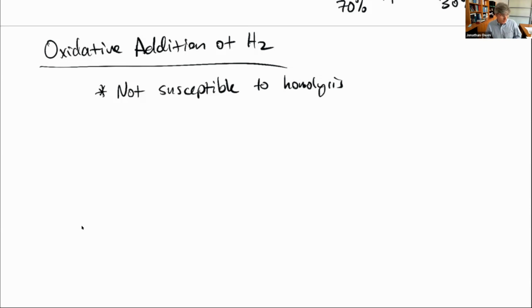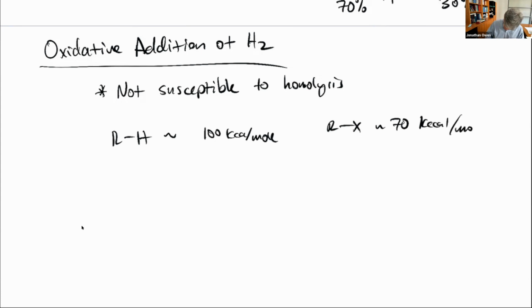Okay, so you don't have to worry so much exactly about what the mechanism is. So in general, CH bonds are approximately 100 kcals per mole. C-X bonds are approximately 70 kcals per mole. So it's a very different kind of bond breaking chemistry here. It's part of the reason why radical chemistry is not important.